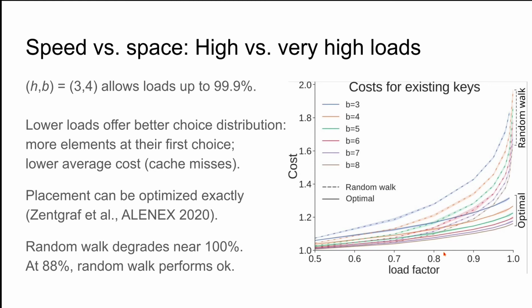In practice, for the Xenograft application, we decided to use a load factor around 88% and a bucket size of 4, which gives us around 1.1 cache misses per lookup on average for the optimal placement and around 1.2 for the random walk insertions. So the gap is not too big here. So this is a good compromise between a fast lookup with a small number of cache misses per k-mer and a high fill rate for the hash table.